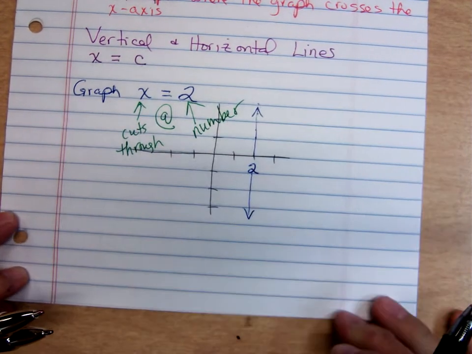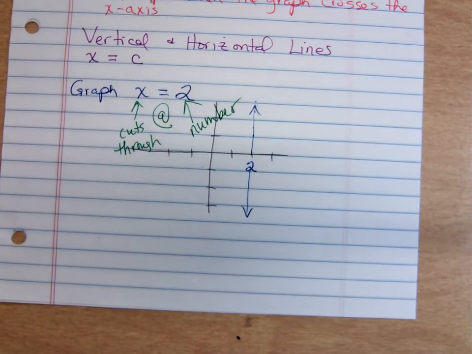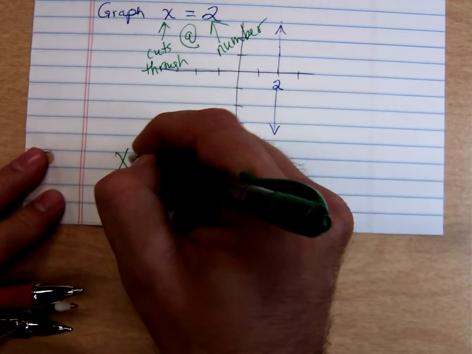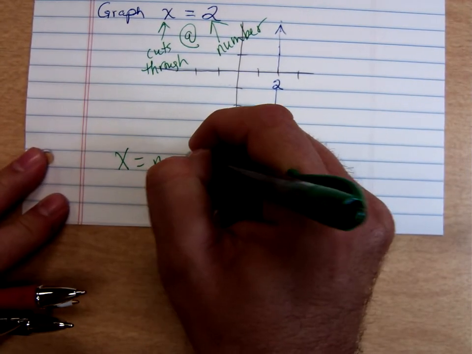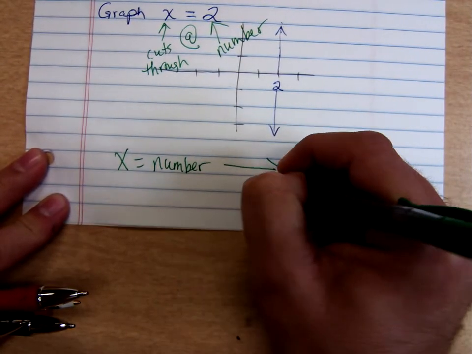So if it's an equation in the form x equals a number, it's a vertical line, not a horizontal. Let's make a note of that. X equals number is a vertical line.